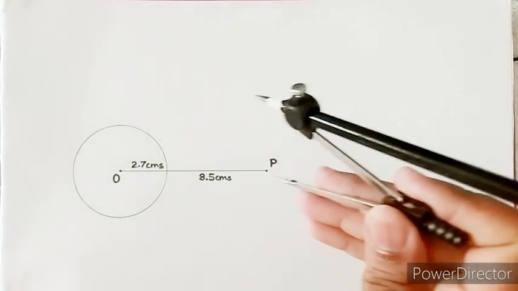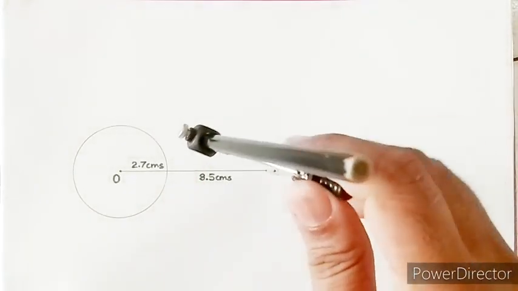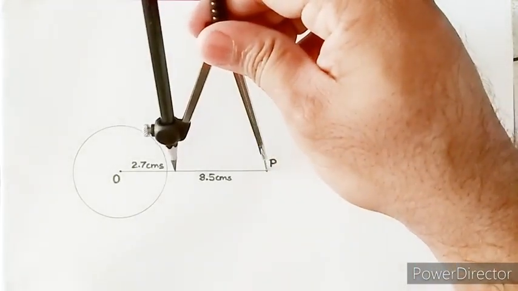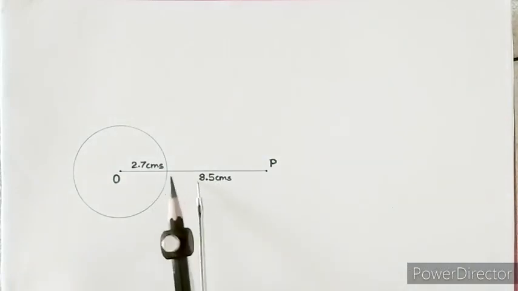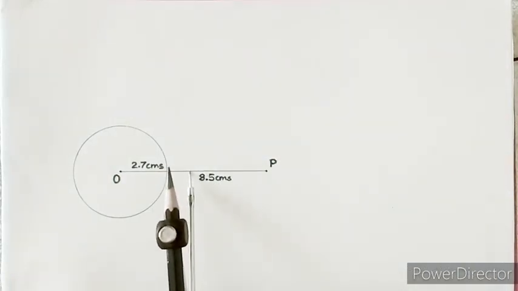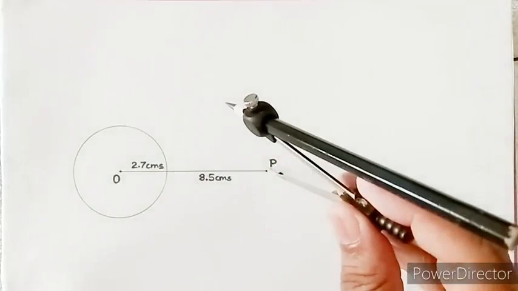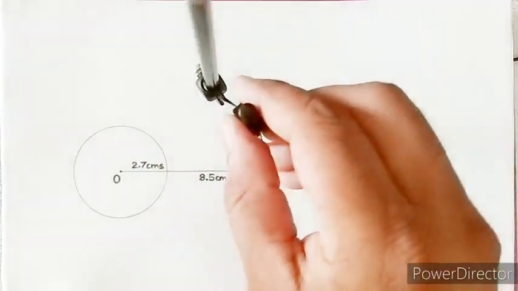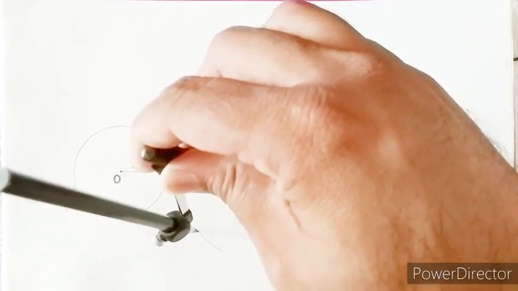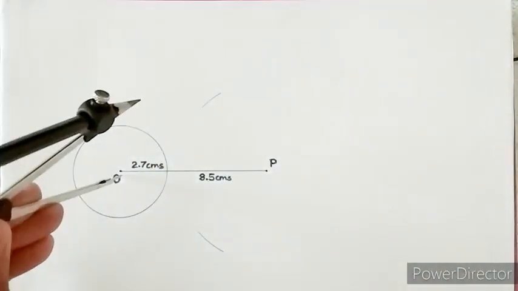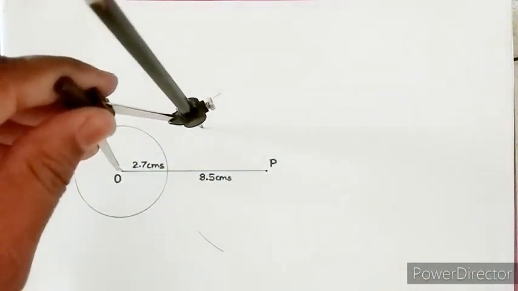For that we will take our compass and take slightly more than half. Okay, so till here it would be half, but we are taking little more than half, and draw the arc, same arc down, and with the same measure we will try to cut this arc.